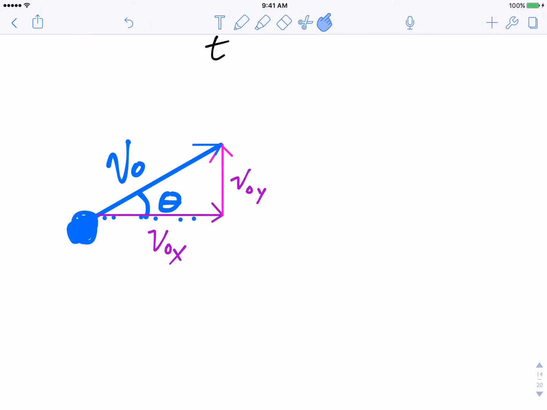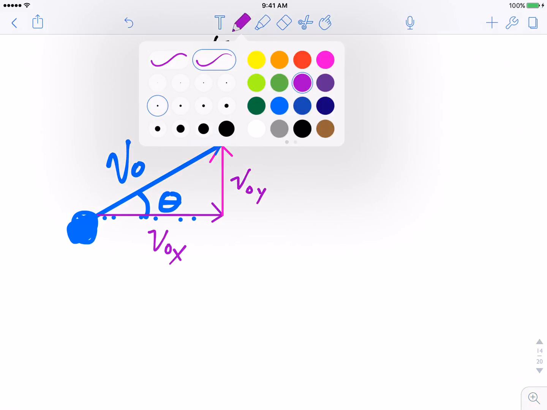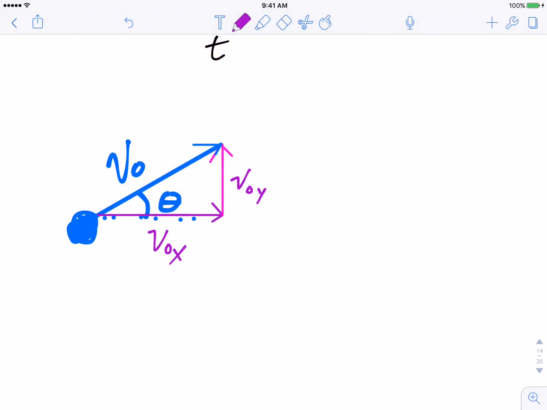And if I wanted to solve for V0x, I would be using a cosine function. So we're saying that the hypotenuse is V0, our angle is theta, and this is the side that is adjacent to the angle. So I'm now going to write cosine of our angle is equal to the adjacent side, V0x, over the hypotenuse, which is the overall initial velocity.